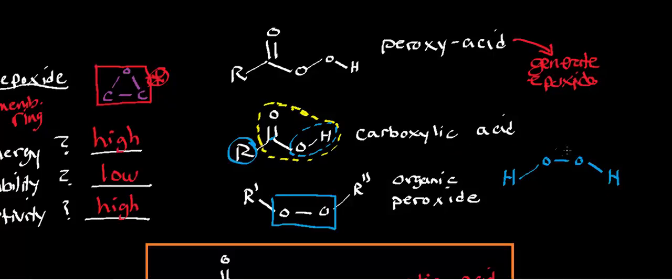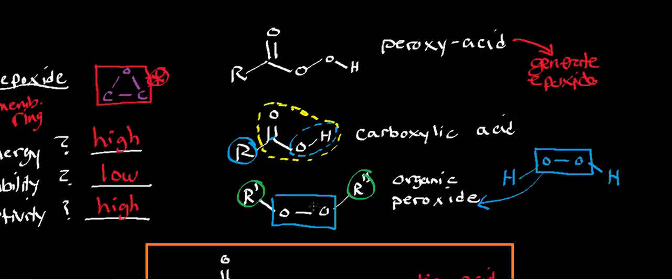It's bactericidal. But the functional group of interest here is this oxygen-oxygen single bond. That is the peroxide. If you have at least one carbon group here, they don't have to both be carbon, but in this case they're both carbon, then this is what we call an organic peroxide.